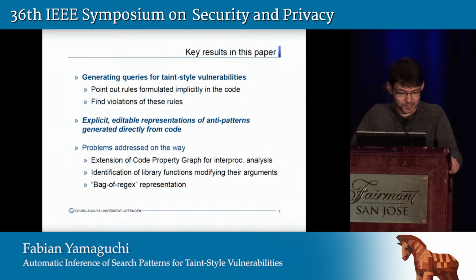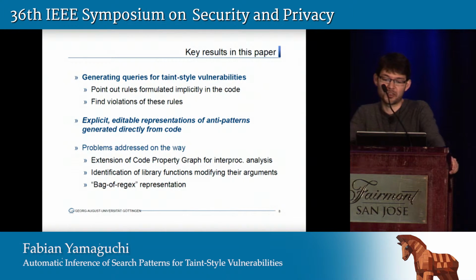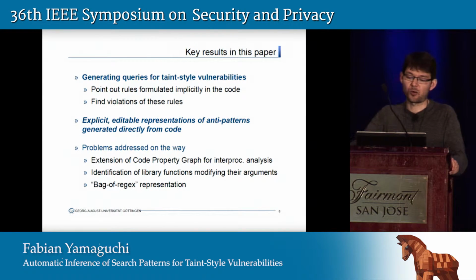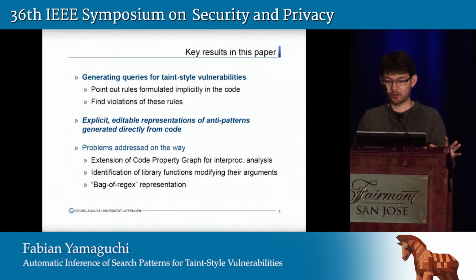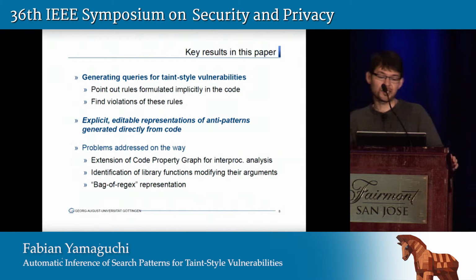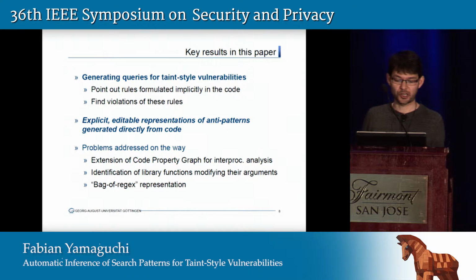Since this talk is limited in time and there are a lot of technical details in the paper, I just want to quickly summarize what's in there, and we're not going to talk about all of this in the talk. The key results of the paper are that we generate these queries for taint-style vulnerabilities, and these queries formulate rules which are explicitly contained in the code base, and the queries can find violations of these rules, so missing checks.